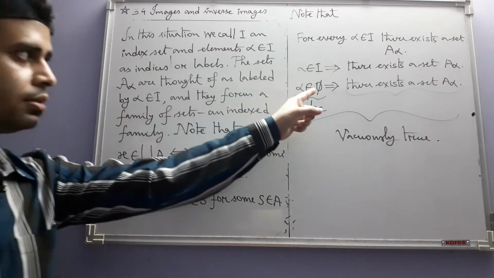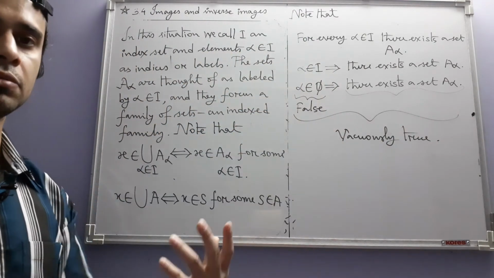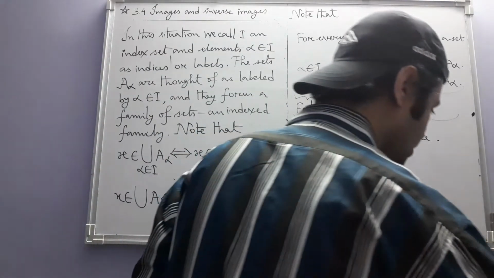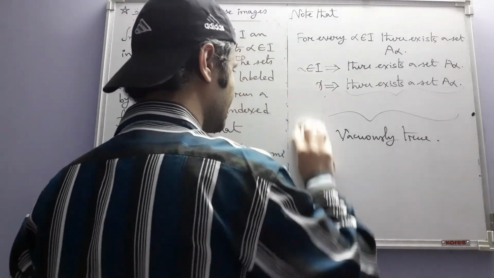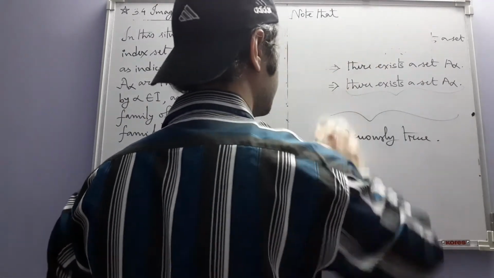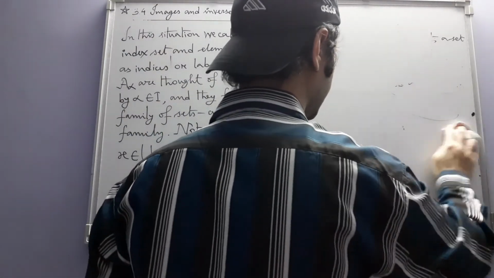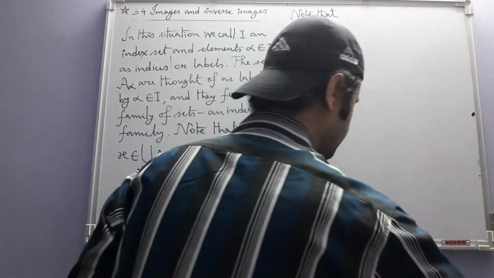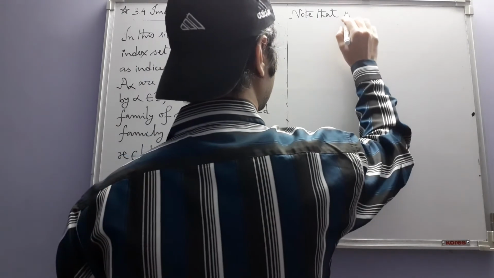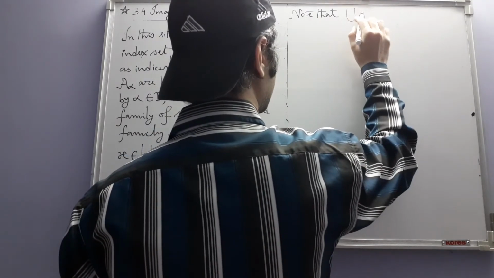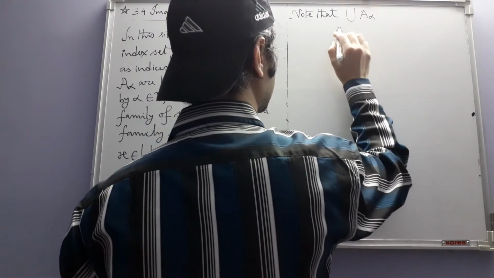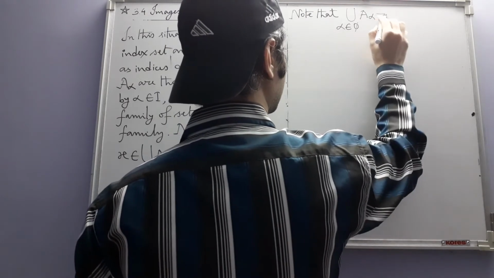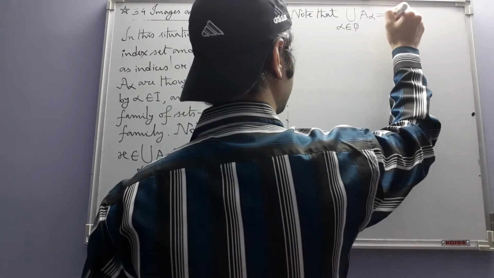For an empty index set also we have a collection of sets. And so that means we can have the empty set to be the index set. But what happens to the union in that case? Note that the union of A alpha, alpha belonging to the empty set, is actually empty.